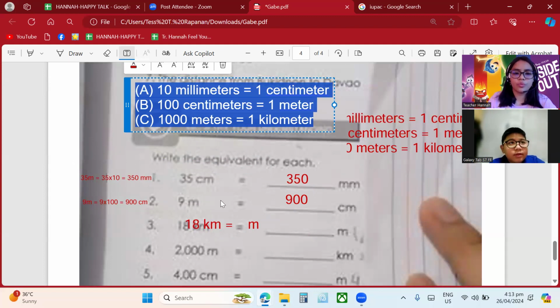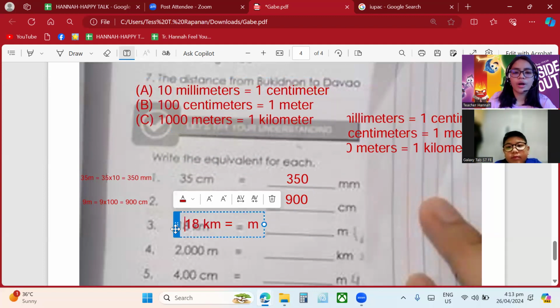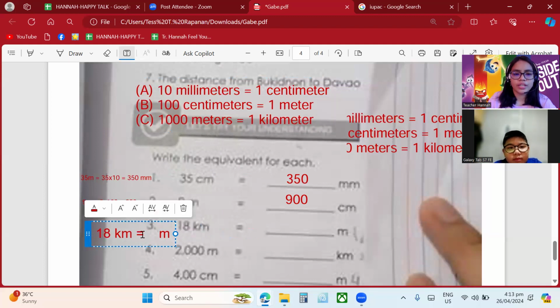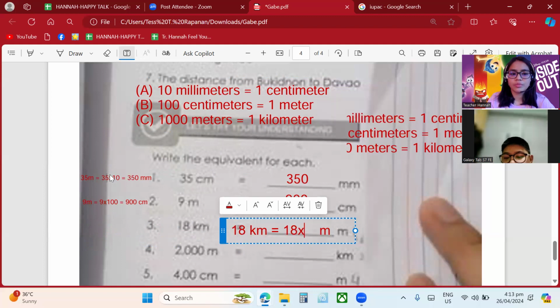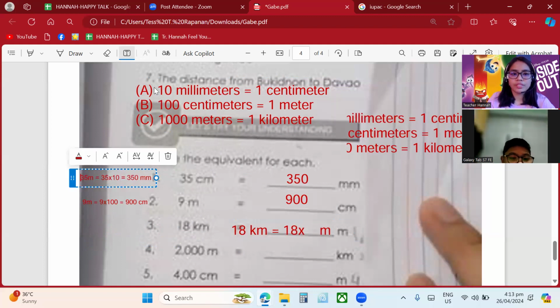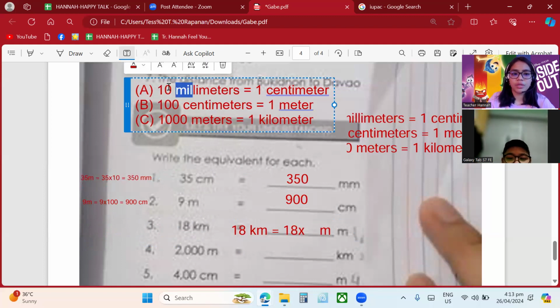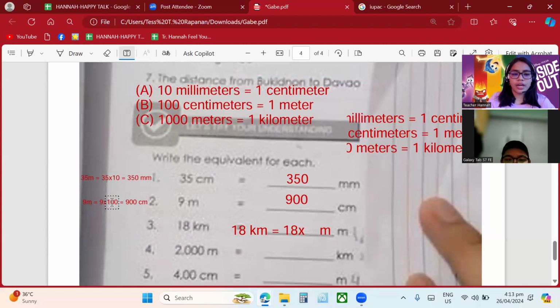Okay, so what are we going to do? How are we going to convert 18 times what? Look at this one. 35 times 10 because we need millimeters. 9 times 100 because we need centimeters.